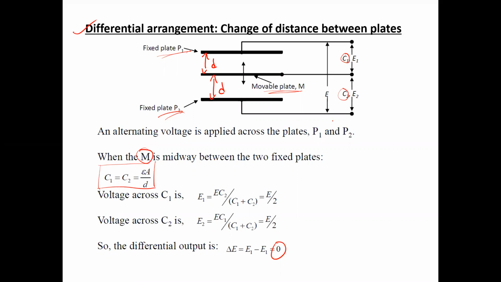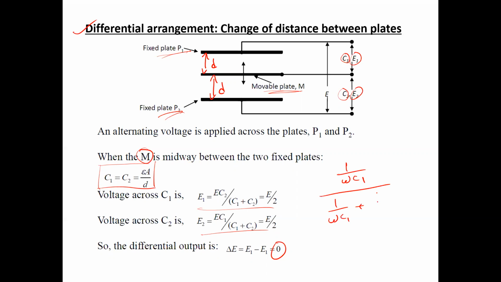With respect to the capacitance values, the resulting voltage across the two capacitors C1 and C2 can be written in this form. You can relate them this way, like a voltage divider rule.